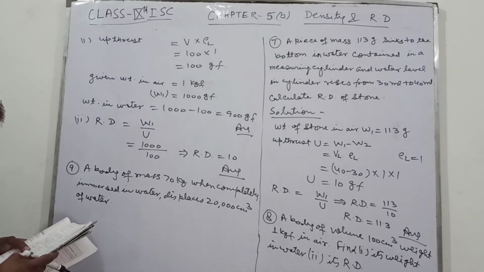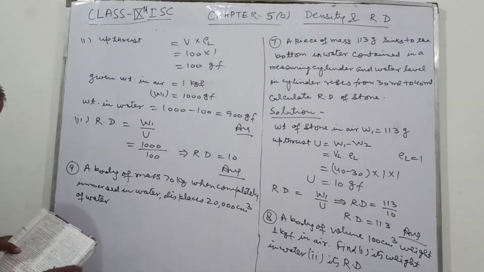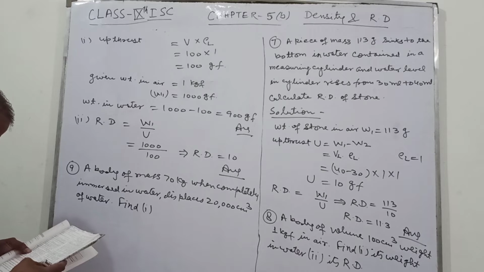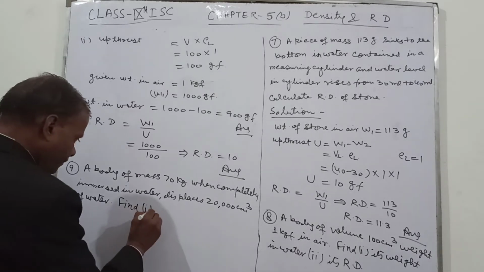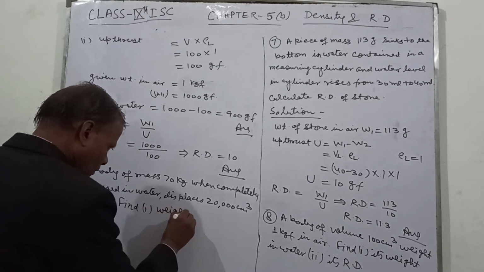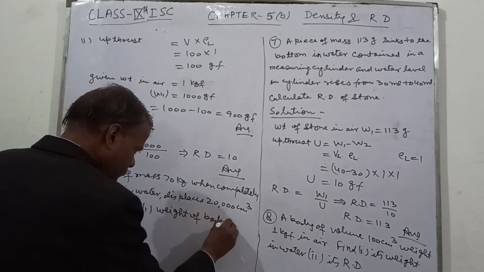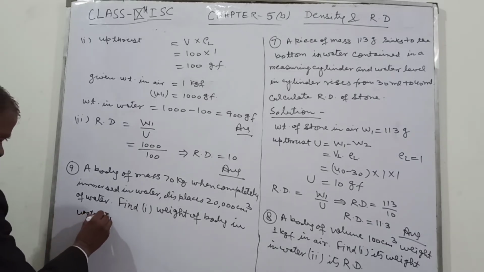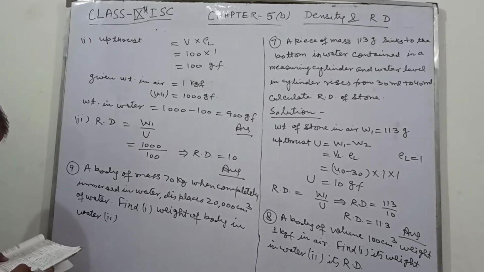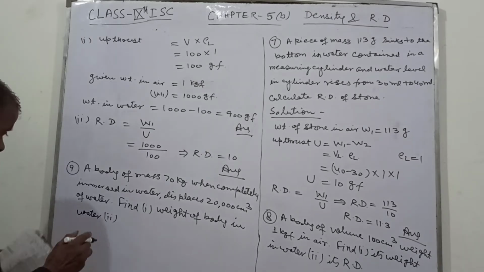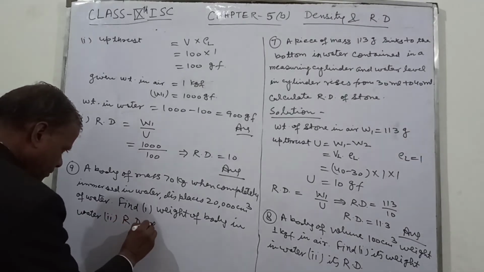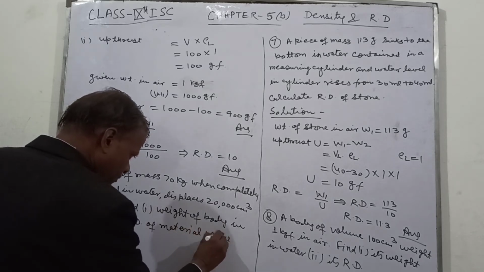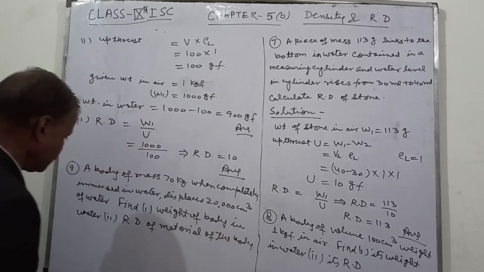Then find, number 1, the weight of the body in water, and second, the relative density of the material of the body. This you have to find.